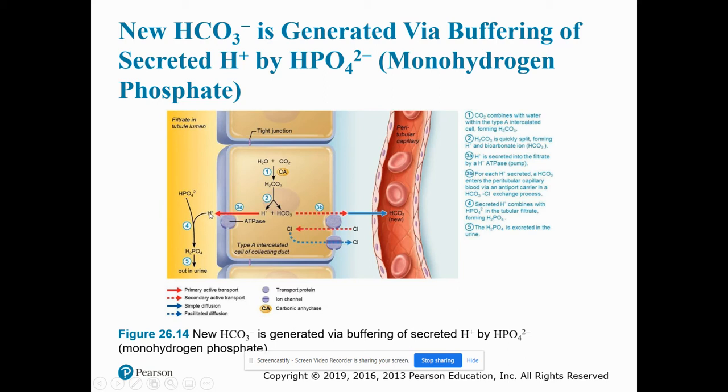So there we go, into the filtrate. And the bicarbonate is going to enter the peritubular capillary, which is what is happening here. The secreted hydrogen ion is going to combine with a phosphate, and it is going to form this, and it's excreted out in the urine.